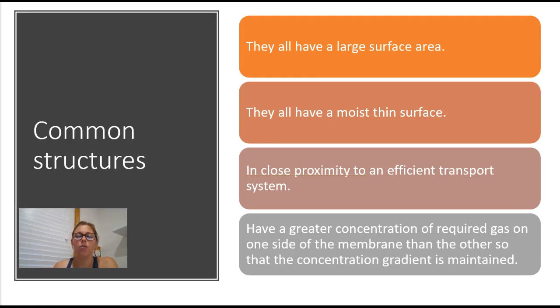Remembering oxygen is in greater concentration in the air compared to our bloodstream, so that concentration gradient is moving oxygen from the outside to the inside. Carbon dioxide is higher within our bloodstream and is therefore moving across to where it is lower, which is in the air, and we then remove it.